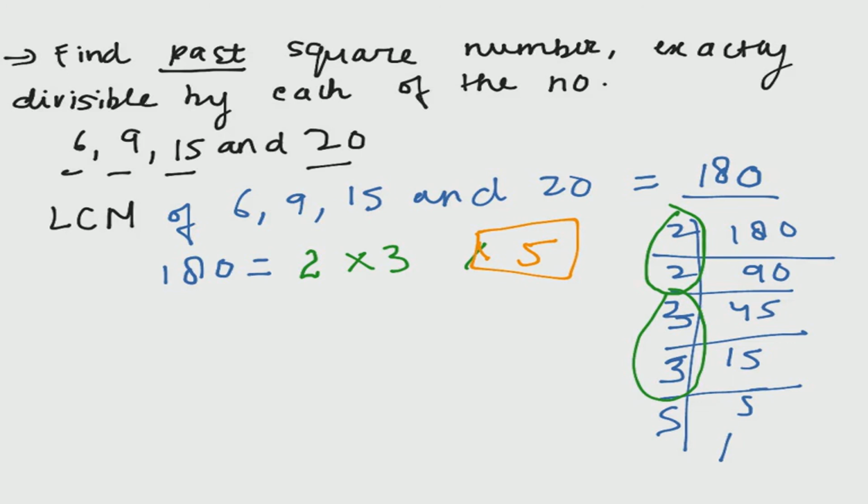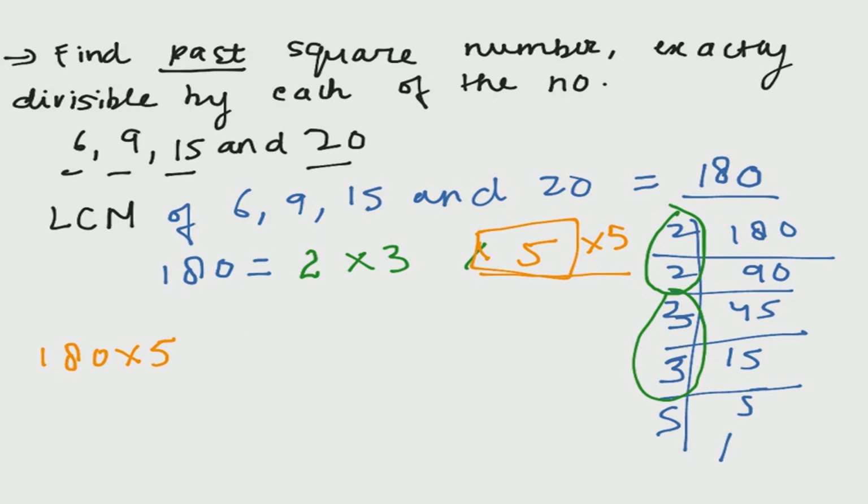Now to make it a perfect square, we will multiply it by 5 so that we can have it in a pair. So we are multiplying 180 by 5 to make it a perfect square.